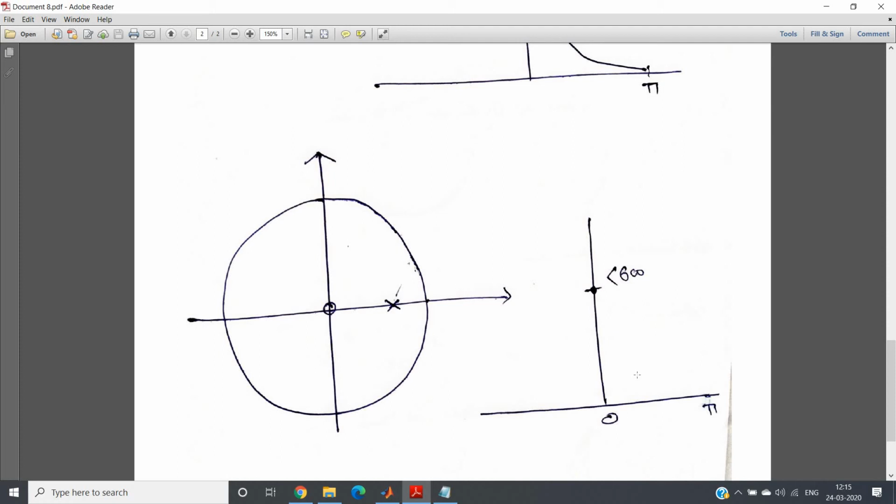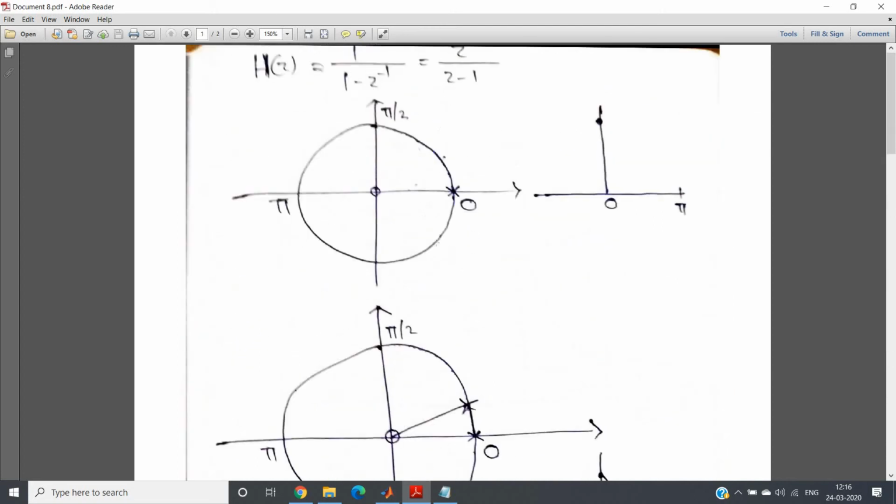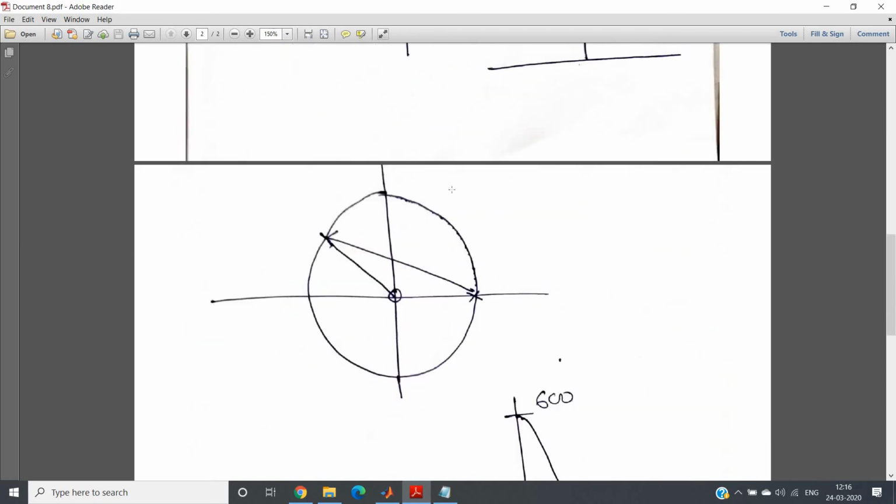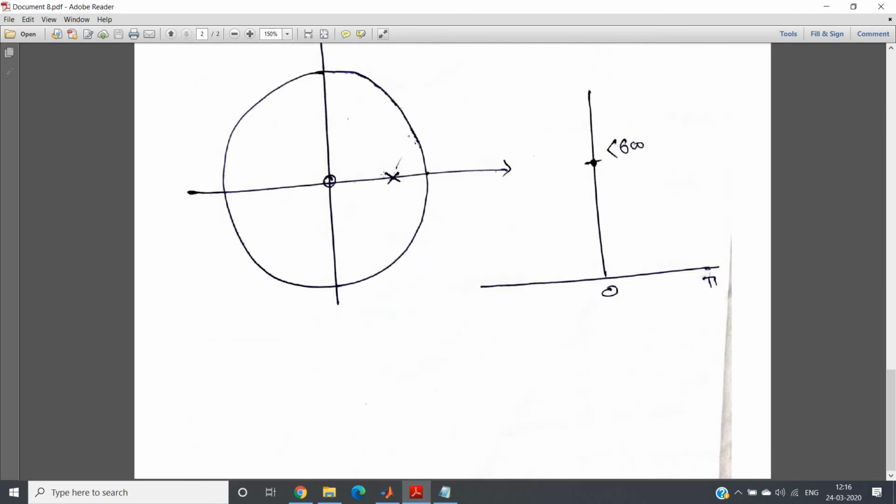But here is one very important point to note, which I want to show you. Suppose you consider one point here, that is at DC or omega equal to 0 or angle 0. Compare with the previous case. When we were considering the digital integrator, the pole itself was situated on the point where omega equals 0. Now when we are adding one coefficient a, the pole is shifting towards the left-hand side.